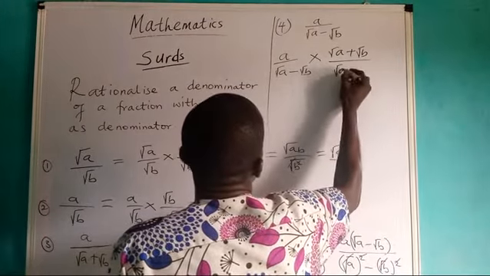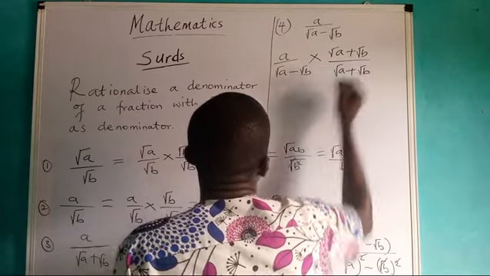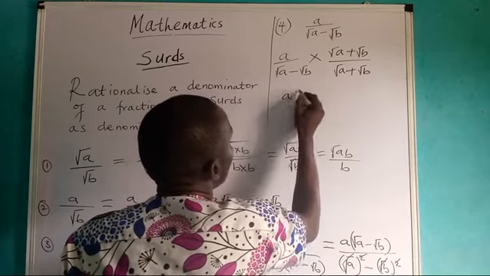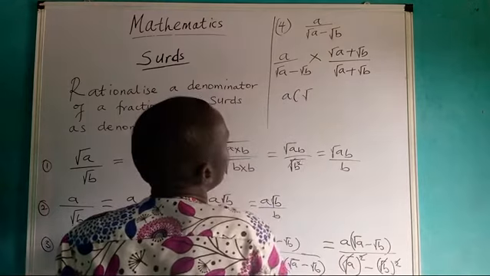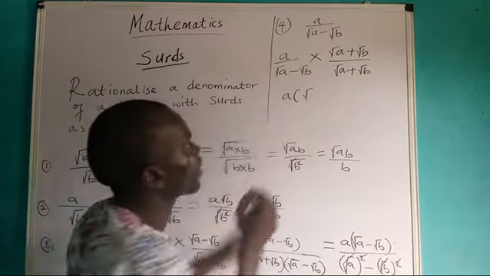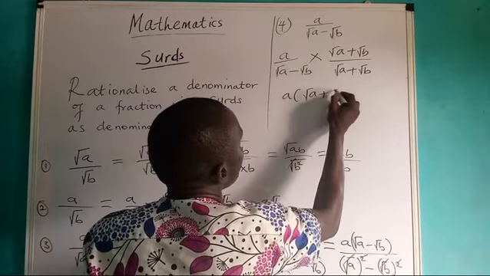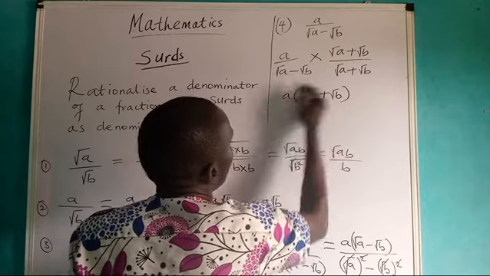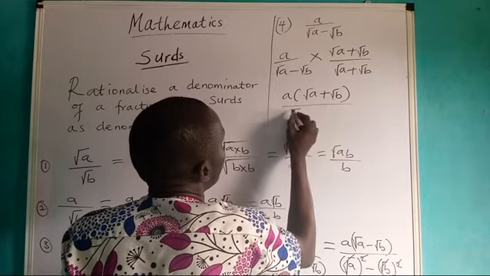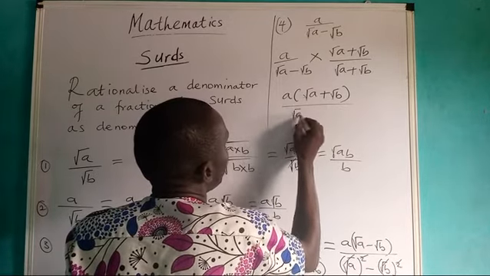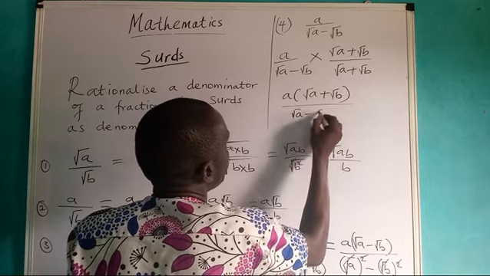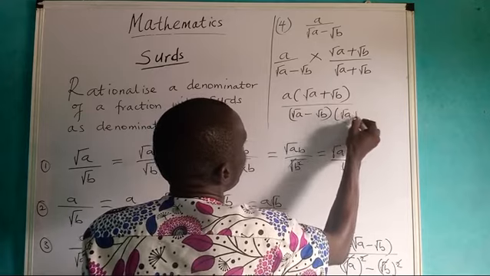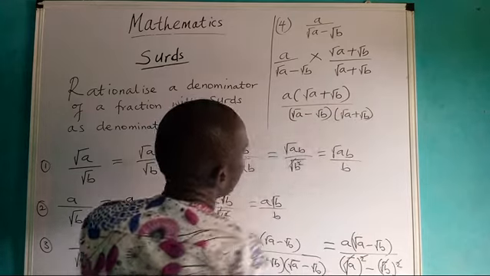Now when you multiply, we still have A, open bracket root A plus root B, and under it, root A minus root B times root A plus root B. This one is a difference of two squares.